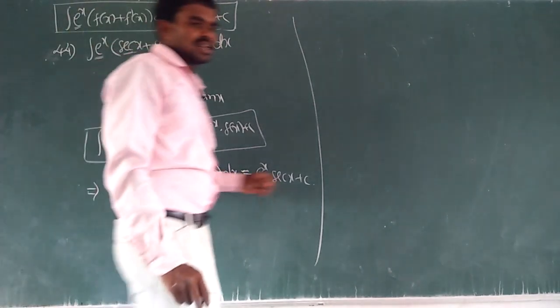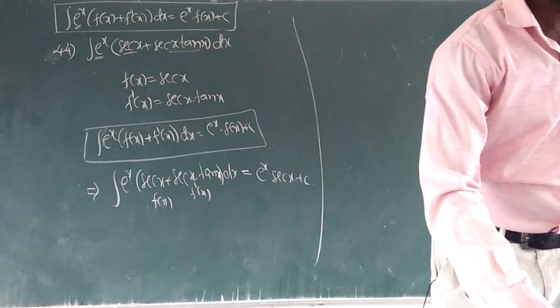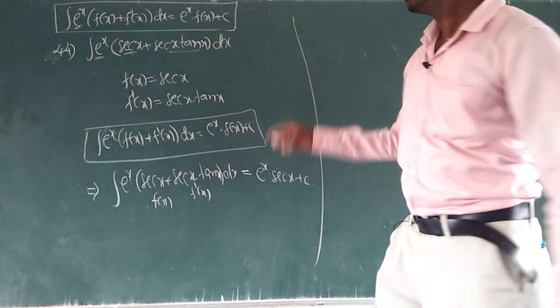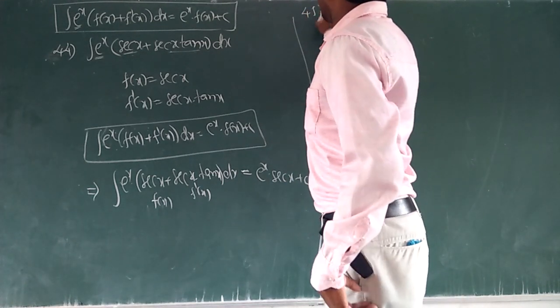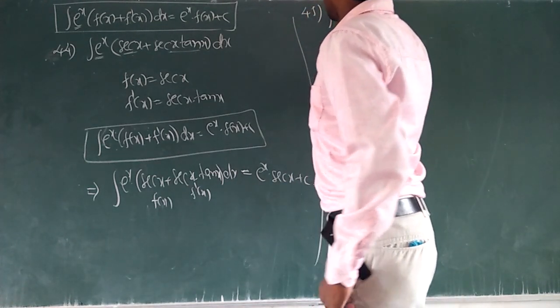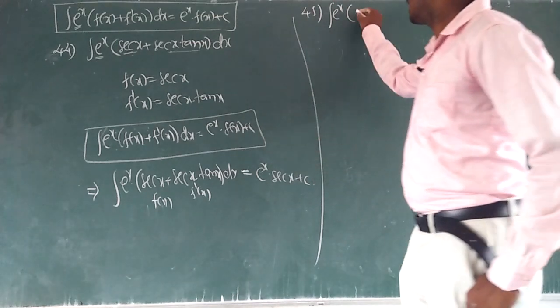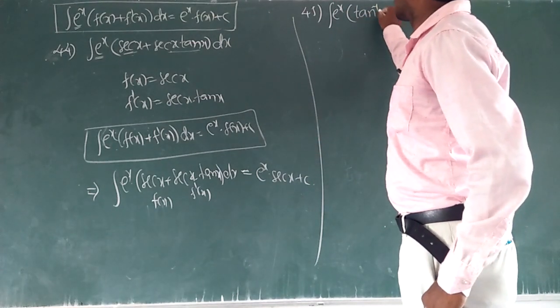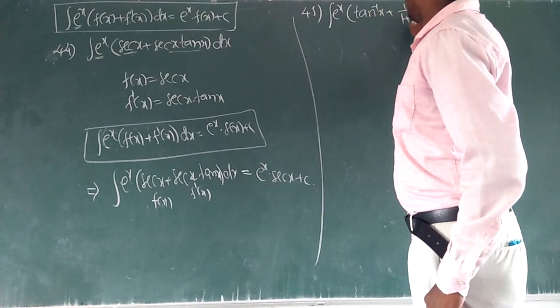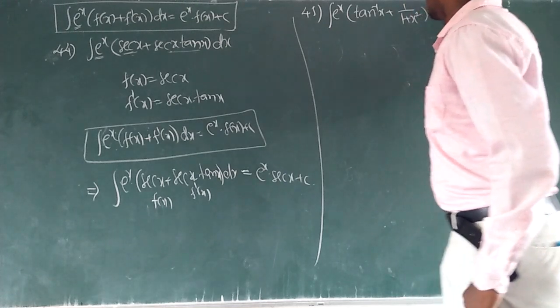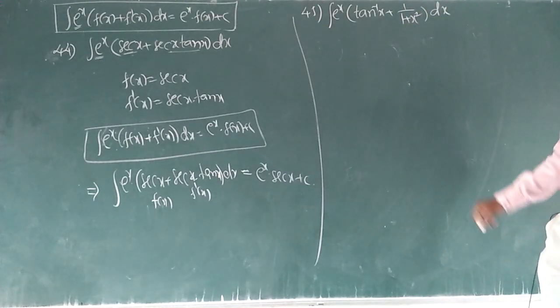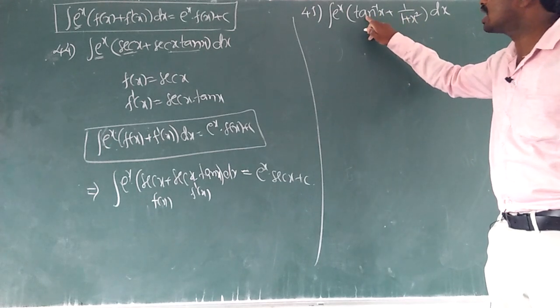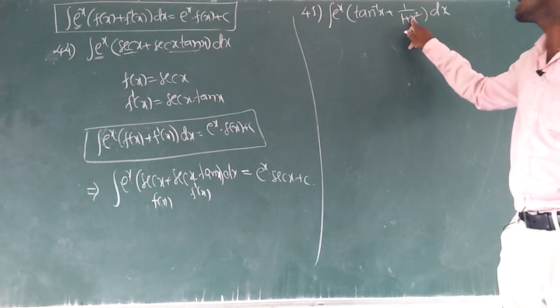Okay. Next, see one more problem. 45. Integration of e power x of tan inverse x plus 1 by 1 plus x square dx. Here also by observing directly you can say tan inverse x derivation is 1 by 1 plus x square.